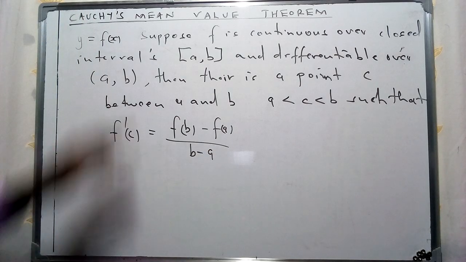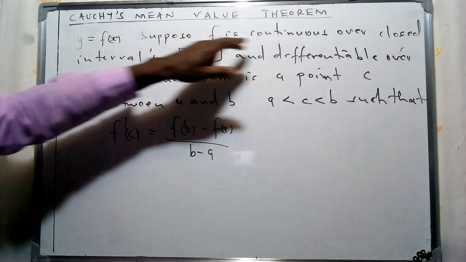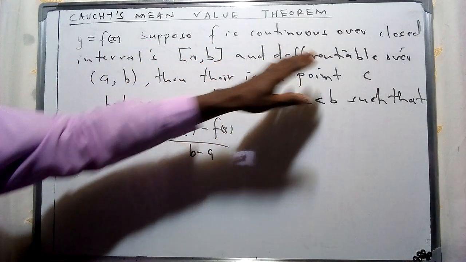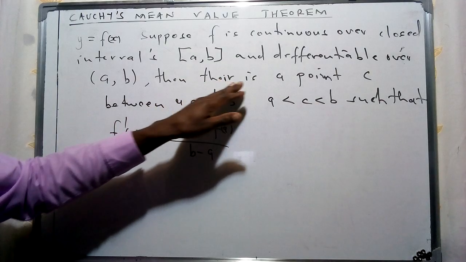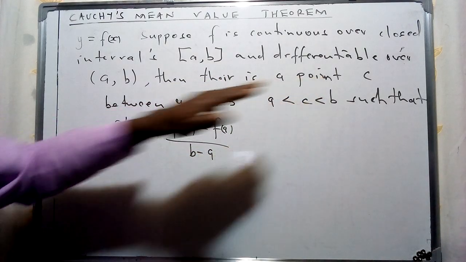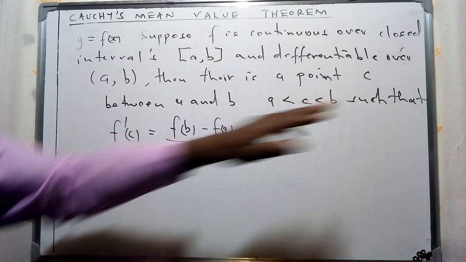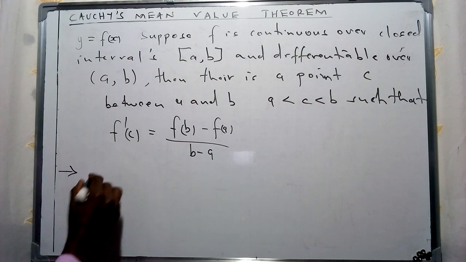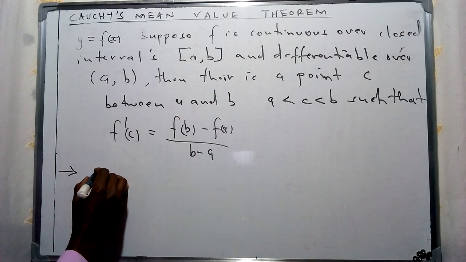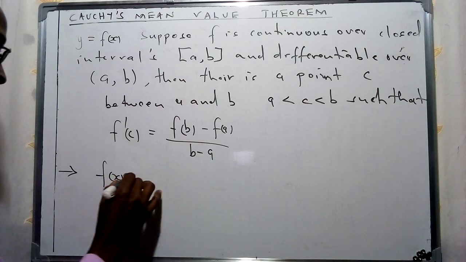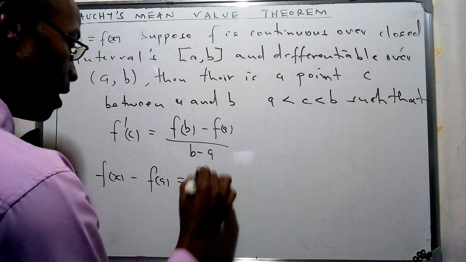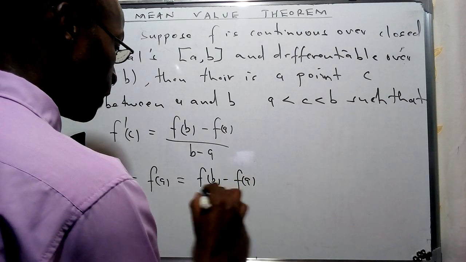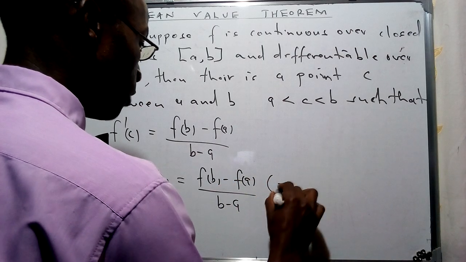So in this case, the mean value theorem gives a function which is continuous over the closed interval a and b, and differentiable over the open interval a and b, and then there is a point c between a and b such that the first derivative is given by this representation. We then gave a general description of the mean value theorem: f of x minus f of a is equivalent to f of b minus f of a all over b minus a, into x minus a.